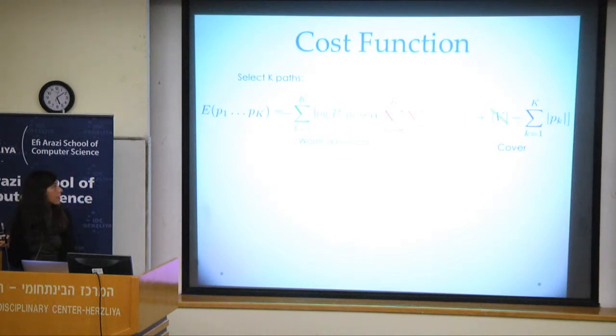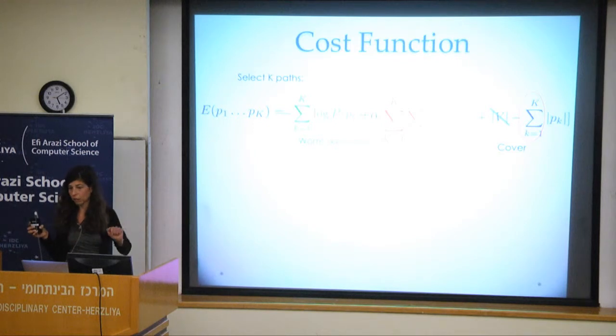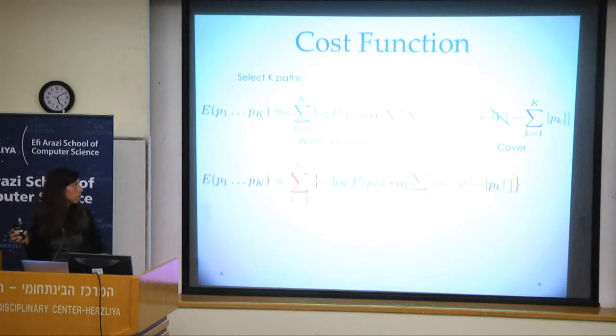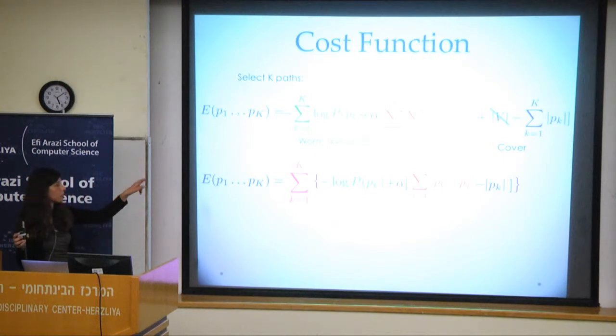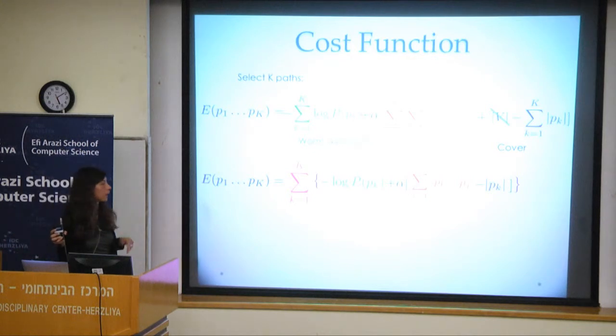Note that this can be removed because this is a constant, the graph cardinality. For each of the 2 terms, we have a sum over k. So we can write the cost function slightly differently, as a sum over k of this expression, which is the likelihood, the overlap, minus the length of the path.